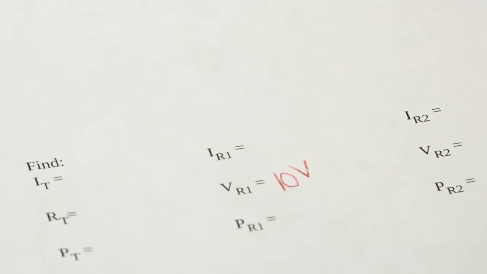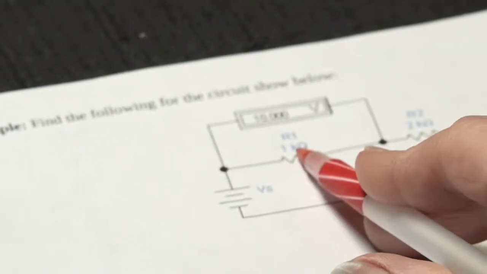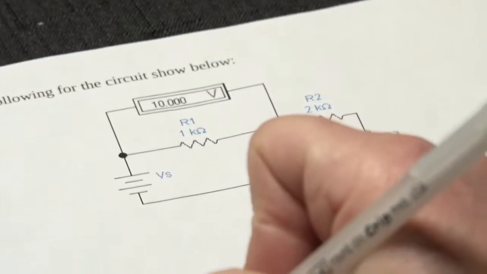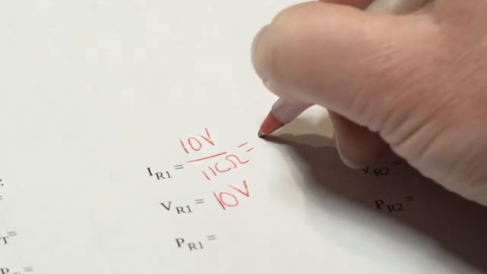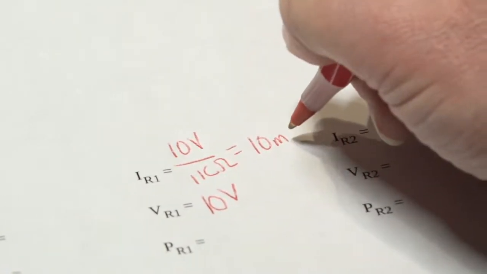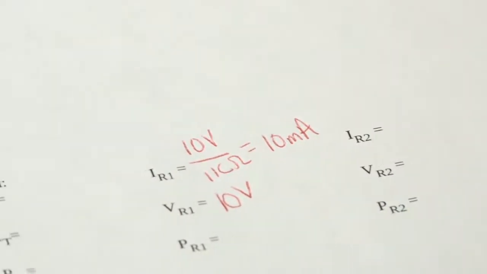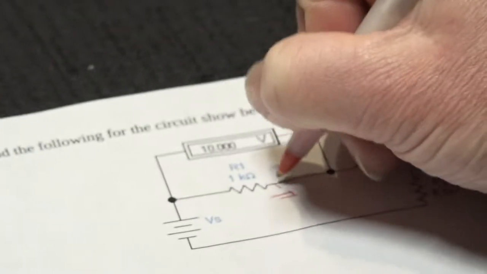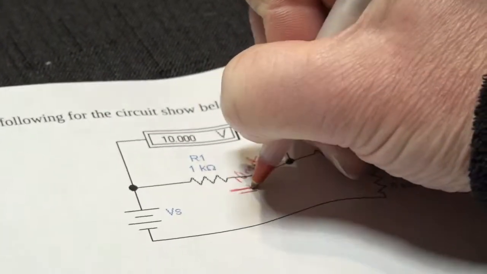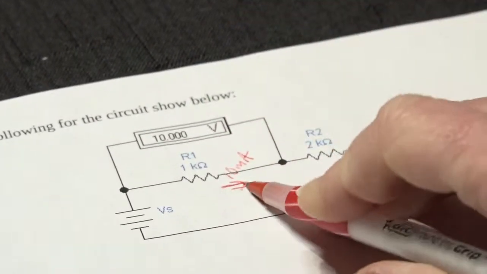I know the resistance value of R1, so I can say 10 volts divided by 1 k ohm gives me 10 milliamps.